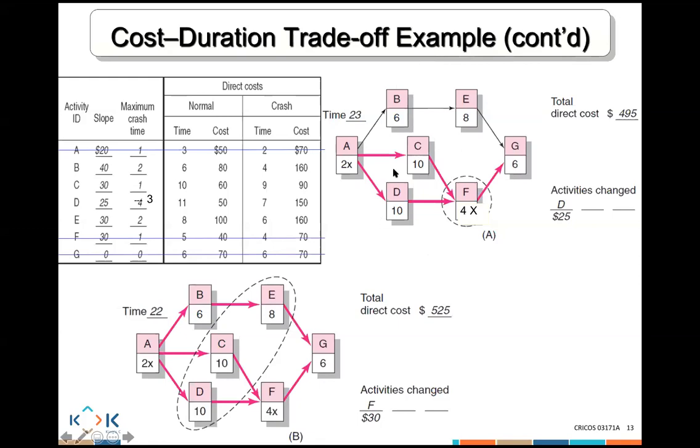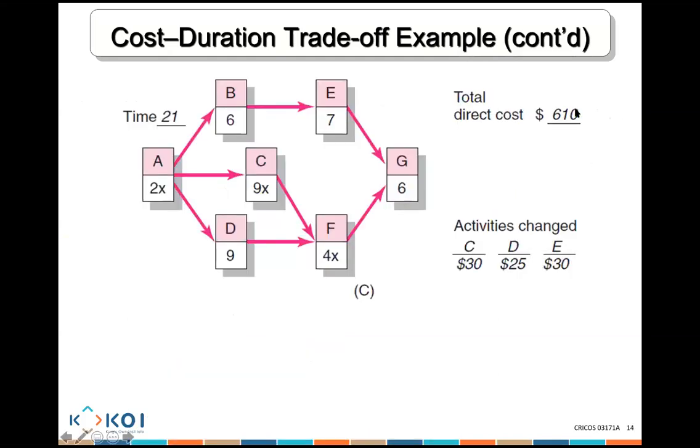Because it's the cheapest. So the next time, if I'm going to reduce it from 22 days to 21 days, I have to crash C, D, and E together. E is 30. D is 25. C is 30. 30 plus 30, 60 plus 25, 85 plus 495 gives you 610 to reduce your duration by 1 extra.